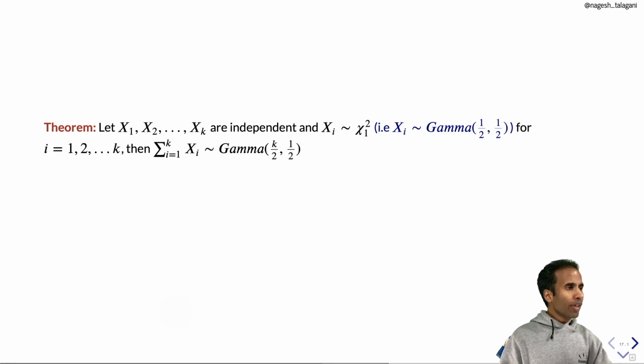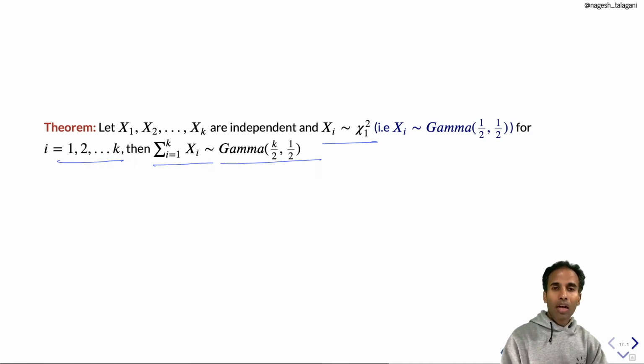Theorem: let X1, X2, and so on up to Xk be independent, and Xi follows chi-square distribution with 1 degree of freedom for i equal to 1 to k. Then the summation of Xi from i equal to 1 to k follows gamma distribution with the parameters k by 2 comma 1 by 2. Here Xi is nothing but gamma 1 by 2 comma 1 by 2, right?